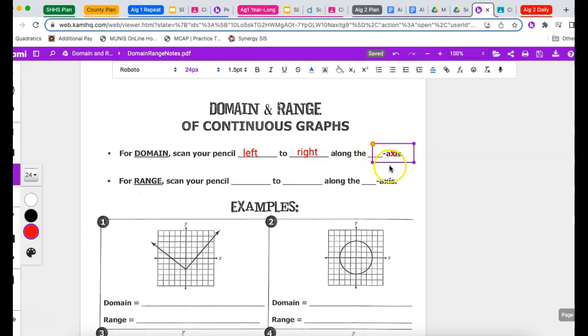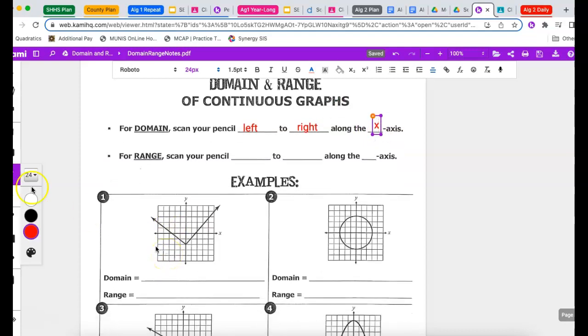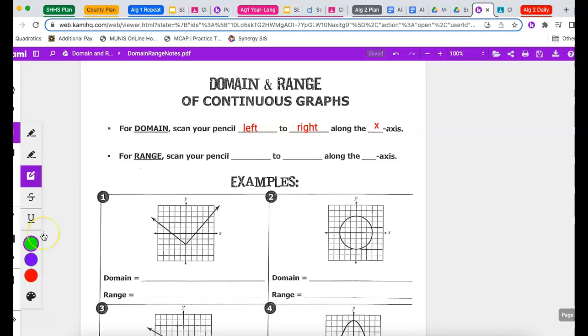So we're going to start all the way to the left side of the graph, all the way to the right side of the graph, and then we'll write our domain. So I'm going to use a green highlighter for the domain. So here's my left side of the graph. Here's my right side of the graph.